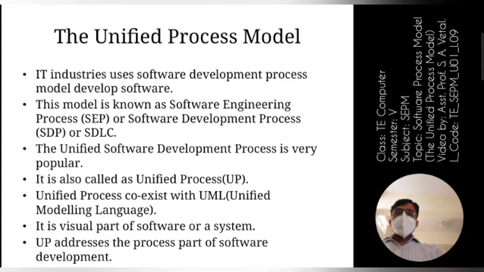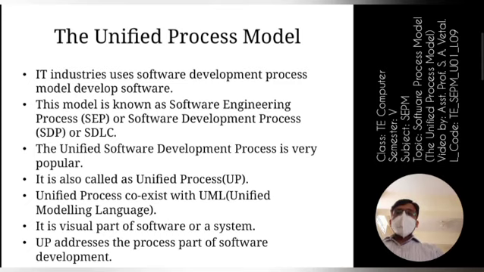The unified process coexists with the UML, that is Unified Modeling Language. Means we are going to use UML diagrams in the unified process model to represent our software. It is the visual part of a software or a system.